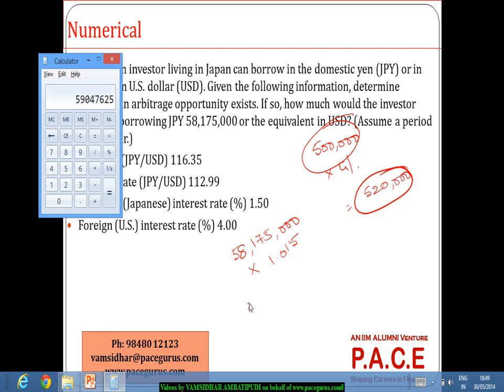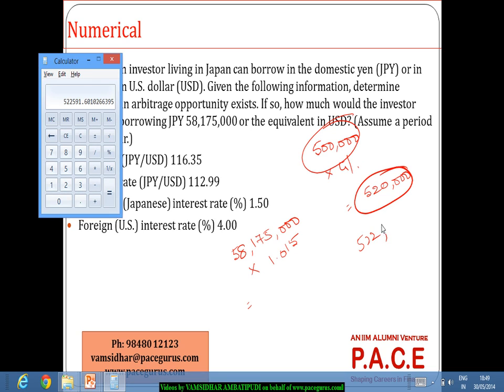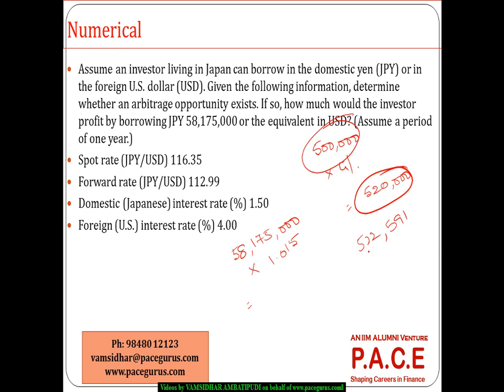But now, at the end of the period, if I had entered into a forward rate agreement in the beginning itself, the forward rate is 112.99. So if I am converting this into dollars, this becomes $522,591, which means almost $2,591 is the benefit that I have got in this transaction.